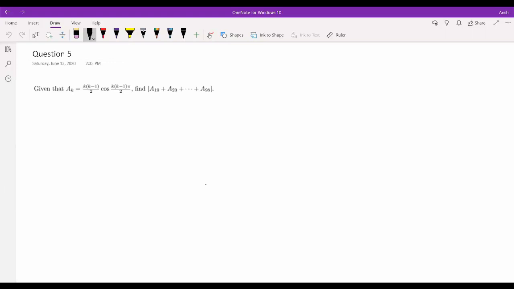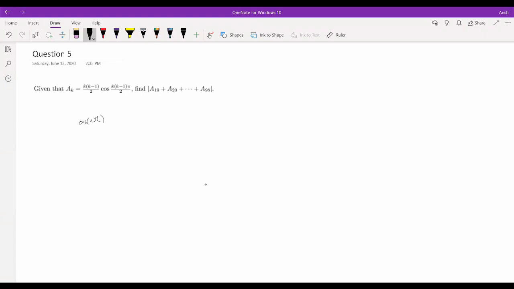Well, what we can do is realize that k times k minus 1 over 2 is actually always an integer, since these are what we call triangle integers. We went over this in combo as well as arithmetic series. So since k times k minus 1 over 2 is always an integer, cosine of k times k minus 1 over 2 pi is just equal to cosine of n pi for some n.